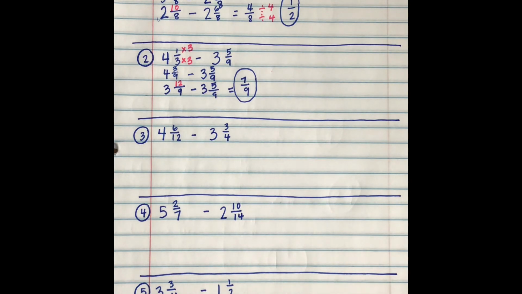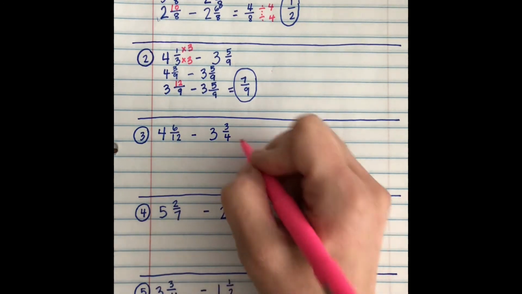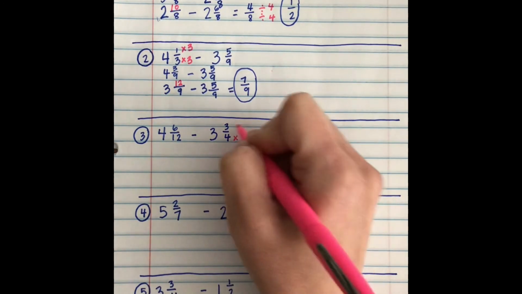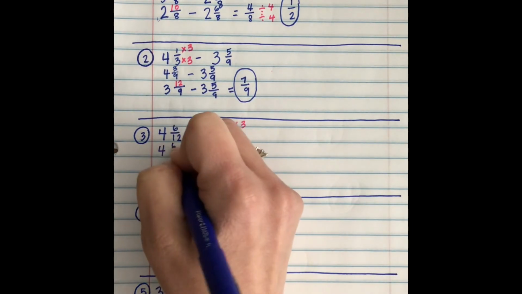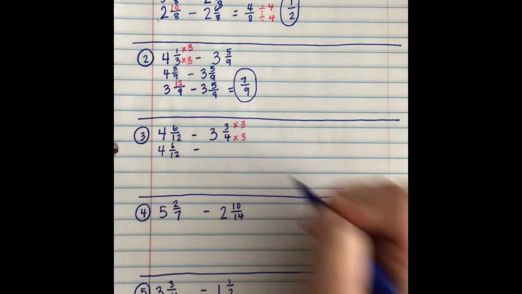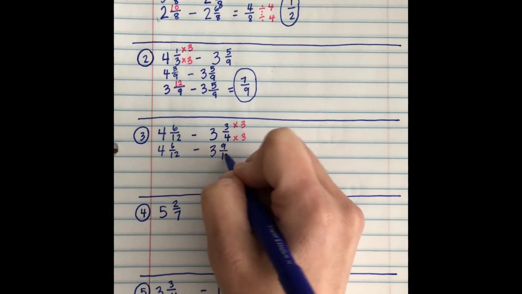Number 3, 4 6/12 minus 3 3/4. I'm going to turn my 4 into a 12. I'm going to do that by multiplying by 3, my numerator and my denominator. So I'm going to have 4 6/12 minus 3 9/12.